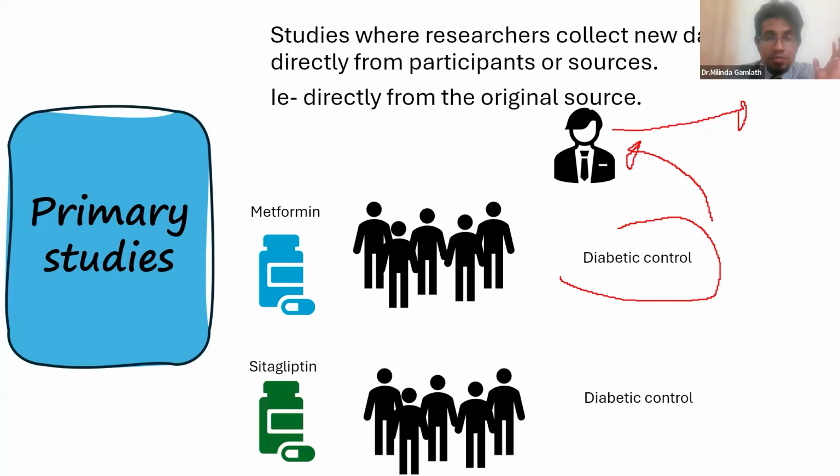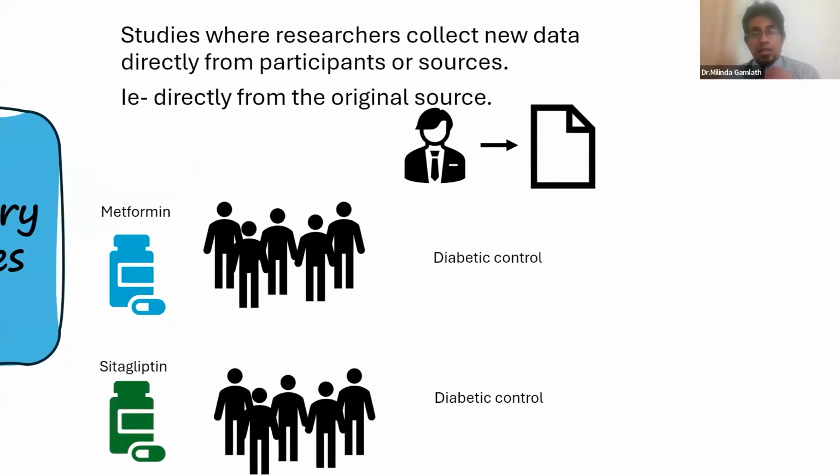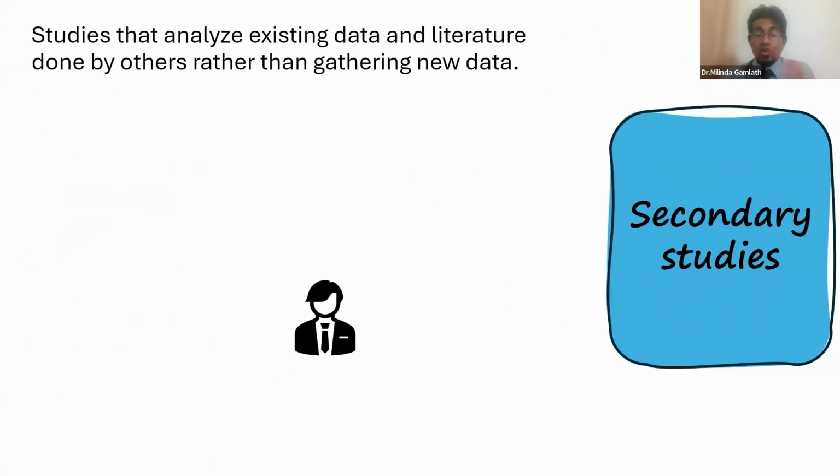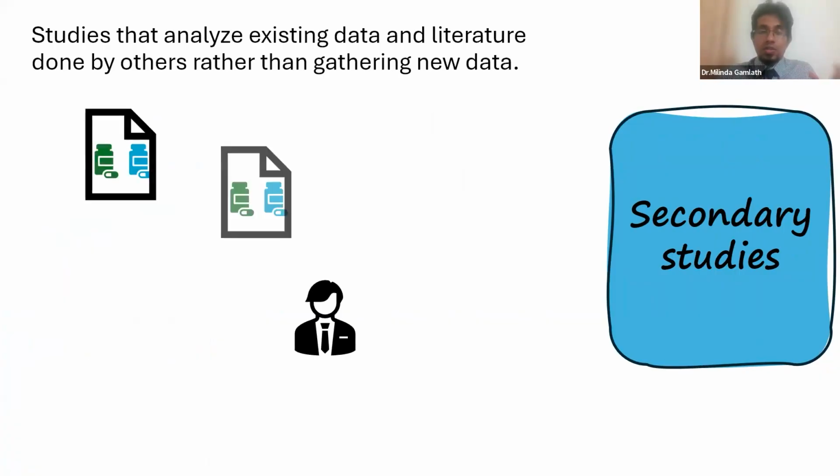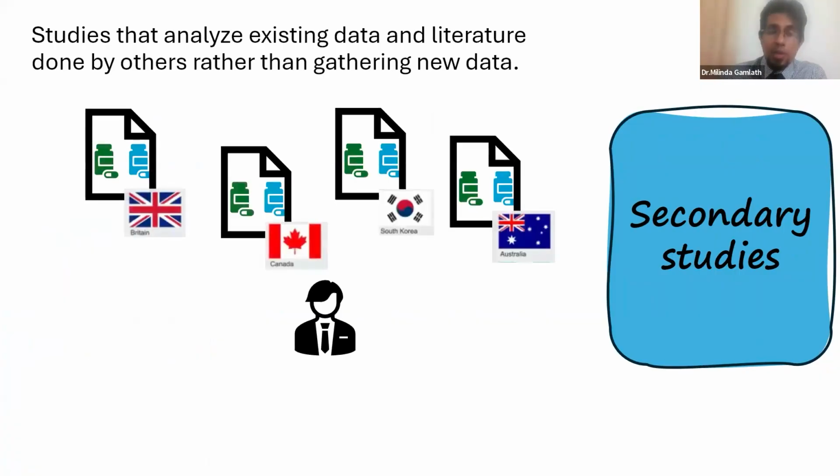On the other hand, a secondary research would be where you don't do that. You don't go out and do your research. Rather, you take researches which have been done in other places about this topic. So there might have been a study done in England comparing metformin and sitagliptin.